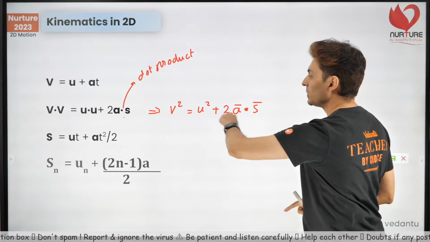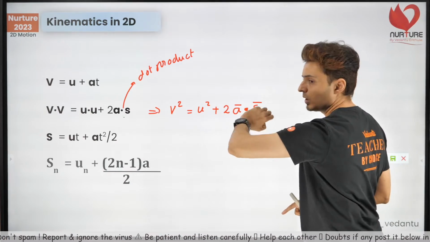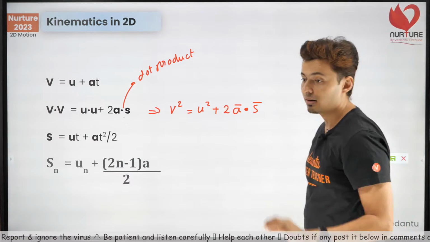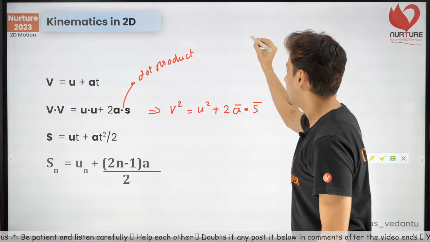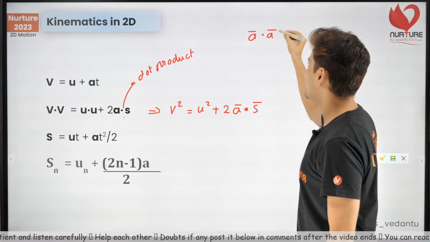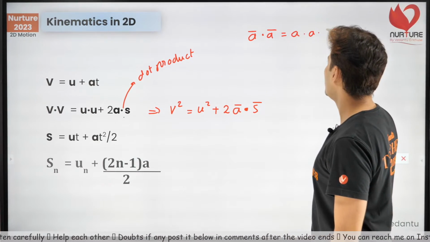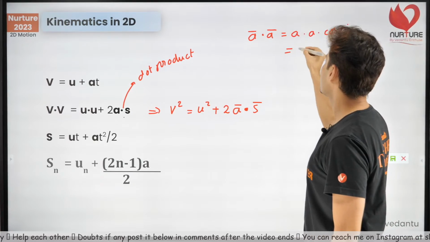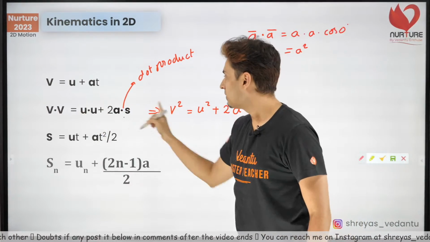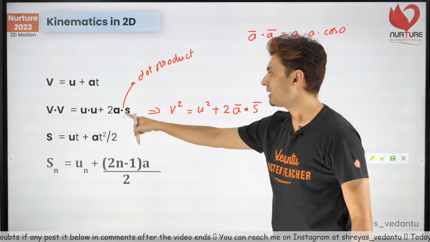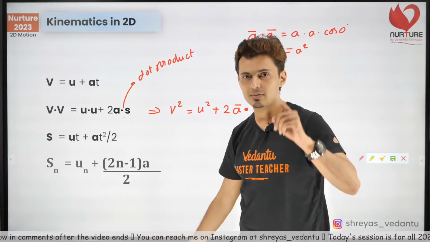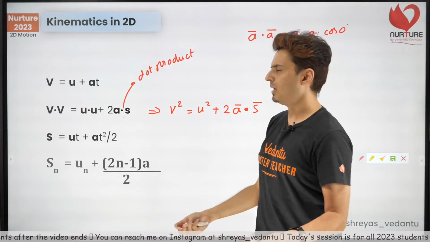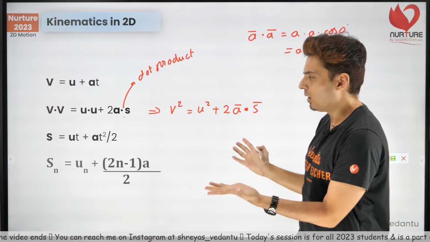Many people do not remember there is a dot over here, so be careful. Remember, I have told you a vector dot a vector is a into cos 0, which is a square. So that's why v dot v is v square, u dot u is u square, and a dot s, just leave it as it is. Now we'll get more clarity on this when we solve problems. Without that, you will be like, okay, I got it, but I don't know how to use it.